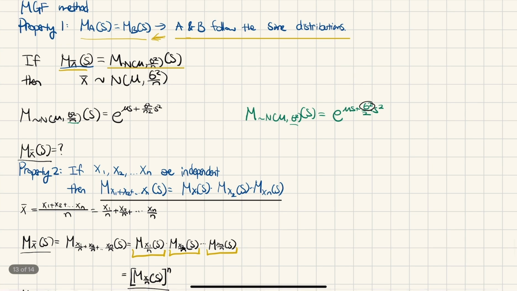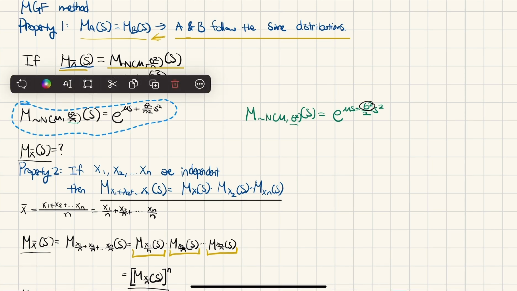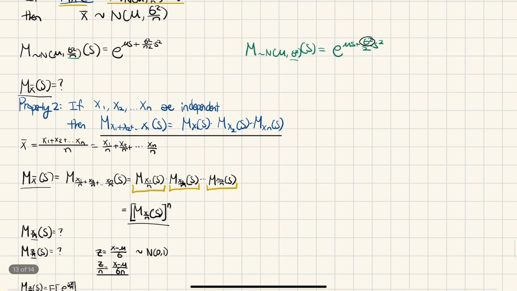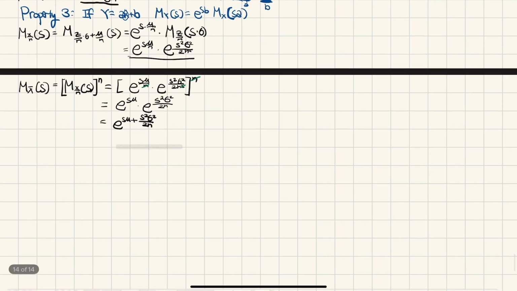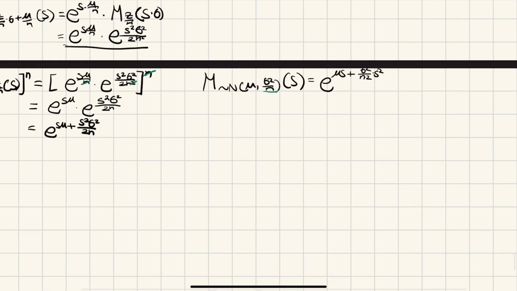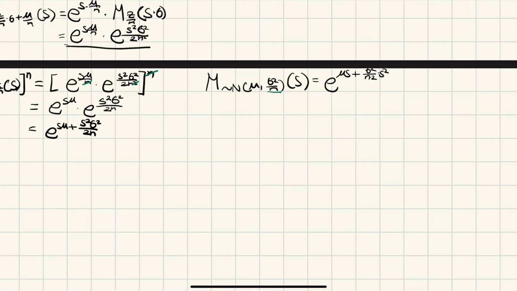And we found that the moment generating function of a random variable following this distribution is e to the power of mu s plus sigma squared over 2n times s squared.